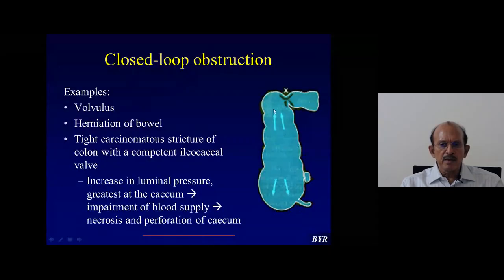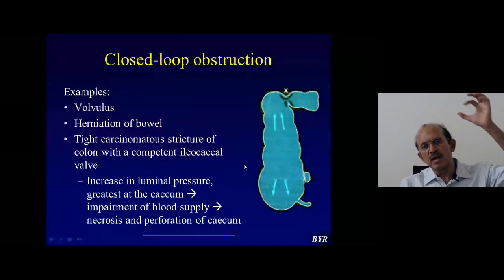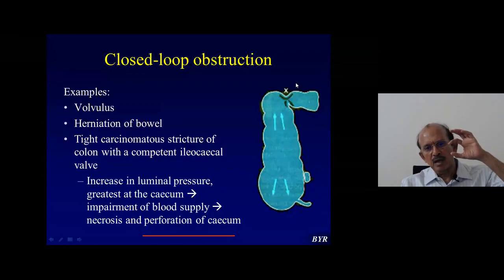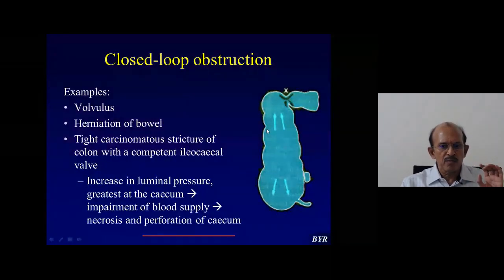Then there will be diffusion of gas from the wall, and production of gas from the anaerobes. So all this gas is accumulating here, causing distension. So this is a closed loop obstruction. It need not always be in the form of a loop. If the proximal part and distal part of a loop are obstructed, then it produces a closed loop obstruction.